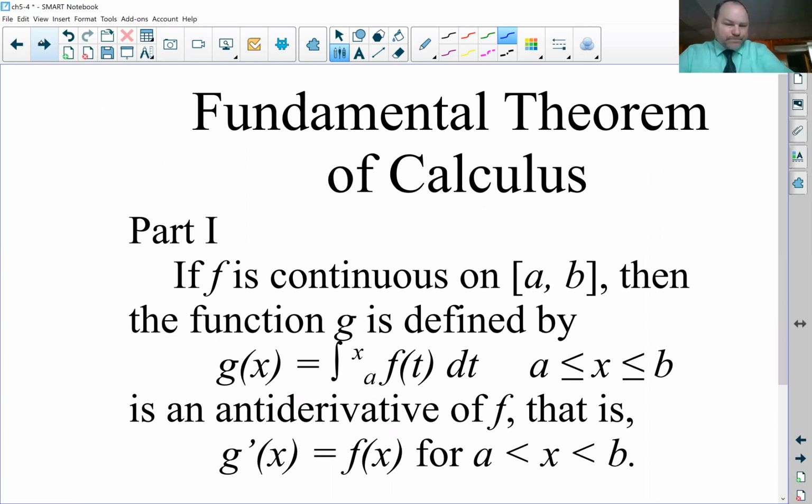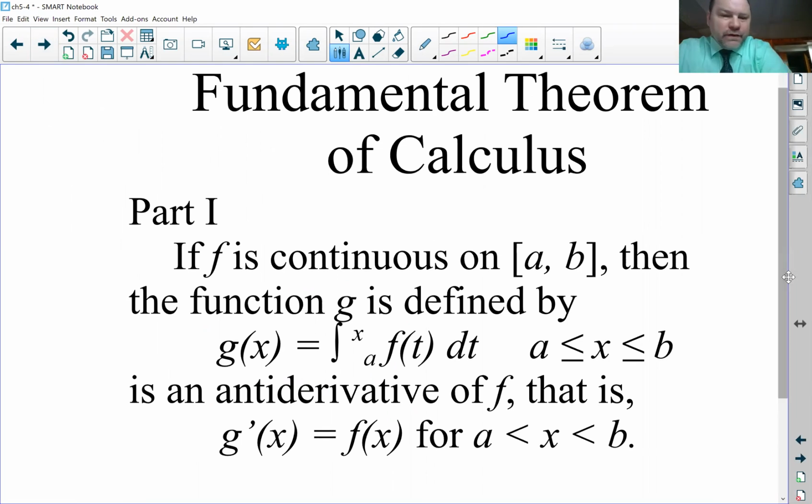The first part says if we have a continuous function f on the interval from a to b, then the function g that is defined as g of x is the integral from some value a to x of f of t dt, where again x is somewhere on that interval from a to b.